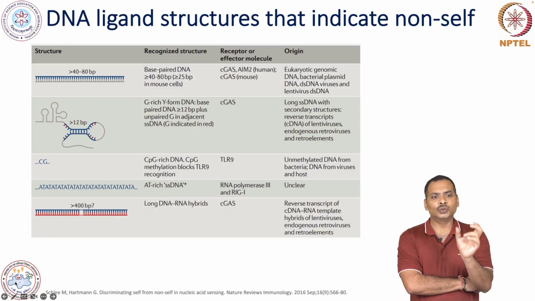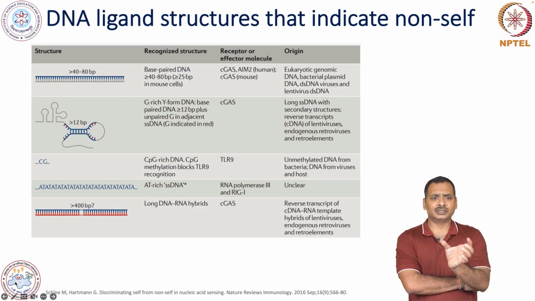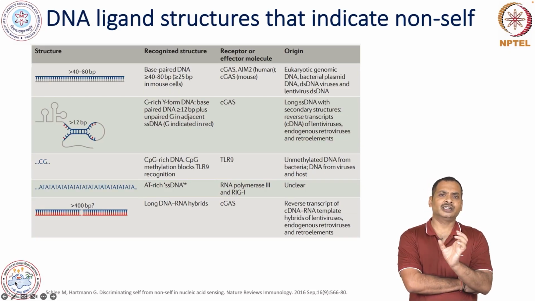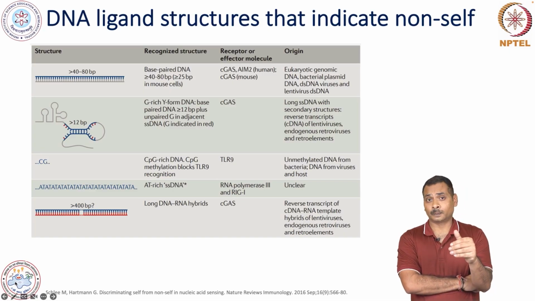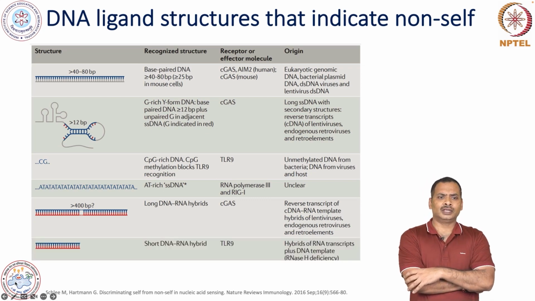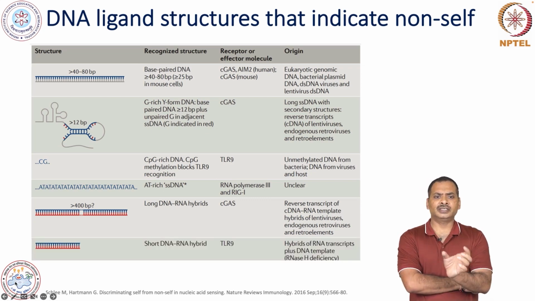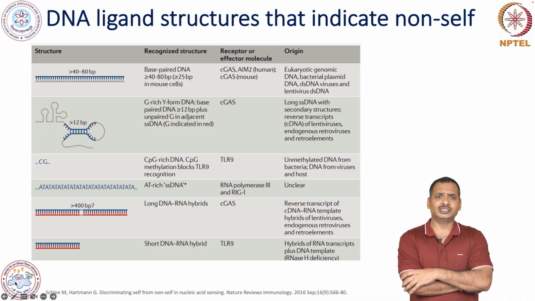So, more than 400 base pair can also be sensed, which is basically a long DNA RNA hybrid. It is in the case of HIV infection. So, this is also sensed by cGAS, okay, and there is a short DNA RNA hybrid, and this short DNA RNA hybrid can be sensed by TLR9. Okay.